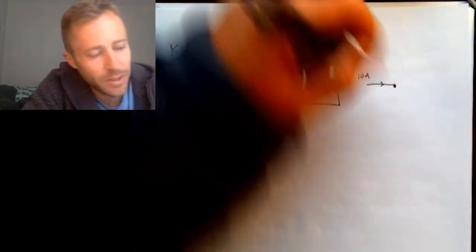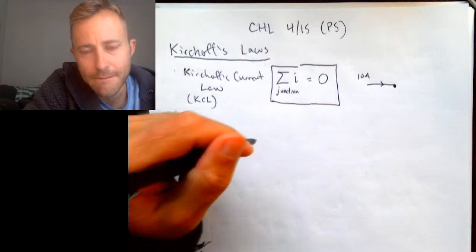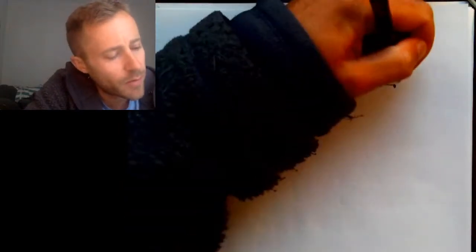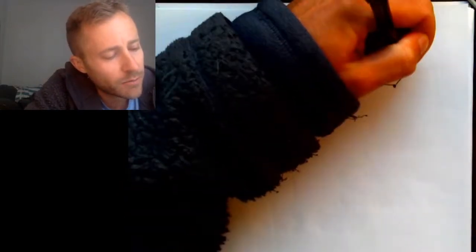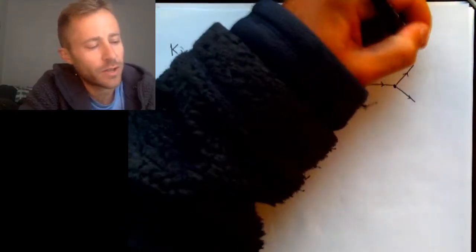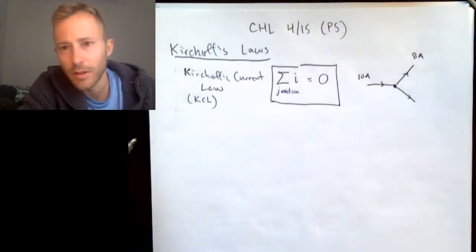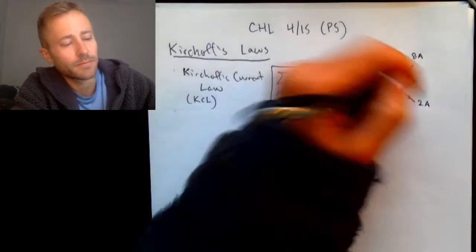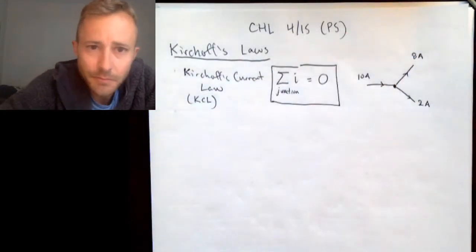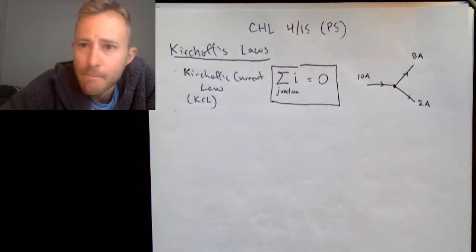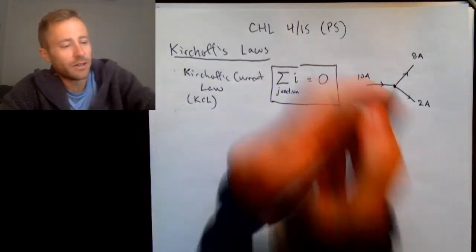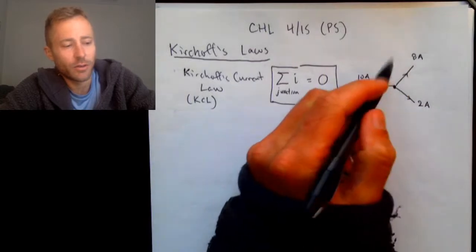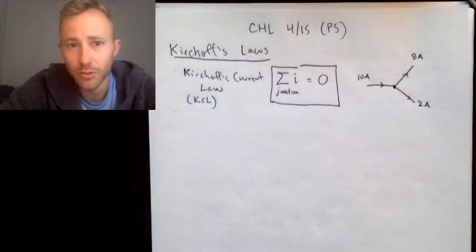So let's suppose I have 10 amps going into a junction, and then I have 2 wires going out, and maybe this one is 8 amps. Then this one would have to be 2 amps. The current going into the junction is 10, and the total current going out of the junction is also 10.